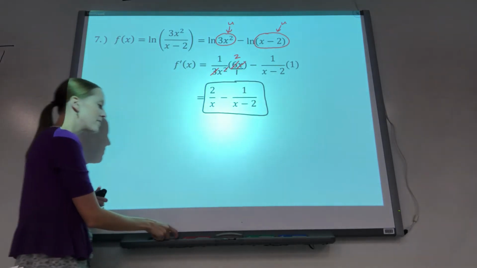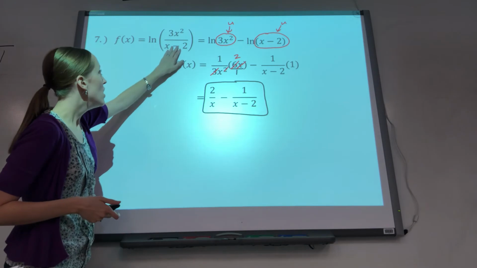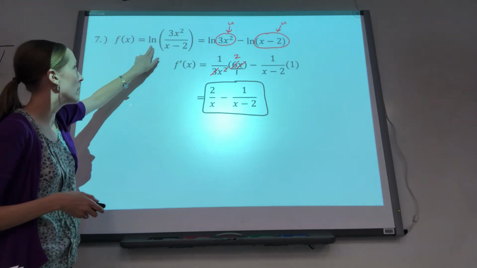Again, if there's something in common that would make the common denominators pretty simple, go ahead and try it, but for these mostly, I'll probably just leave them separate. Okie doke. Now, if you look at number 7 real quick, back to the original function, the entire fraction was with the logarithm.